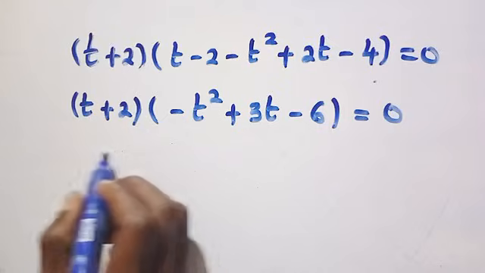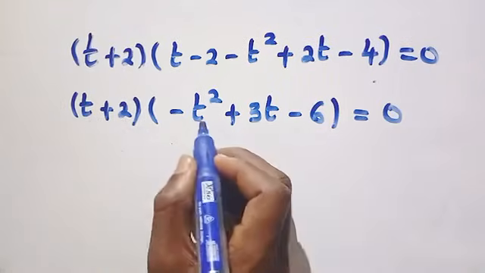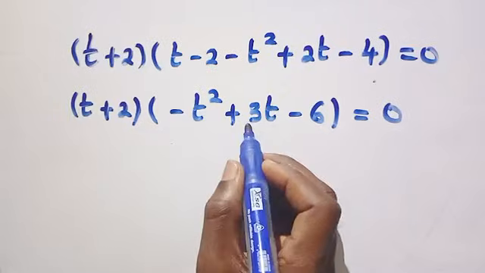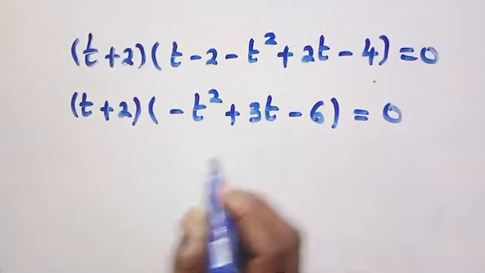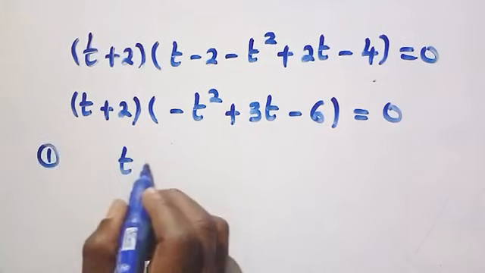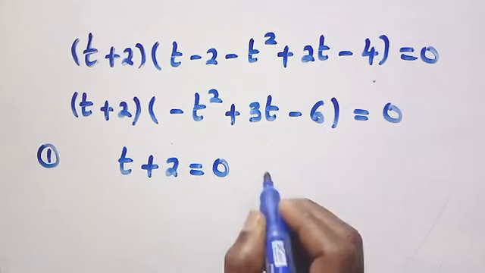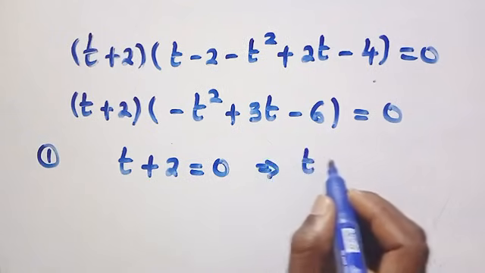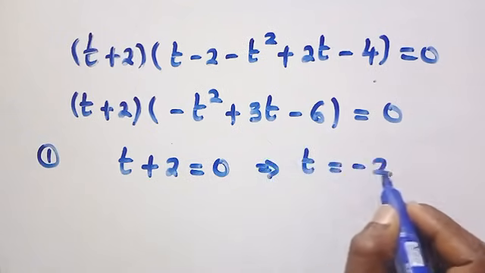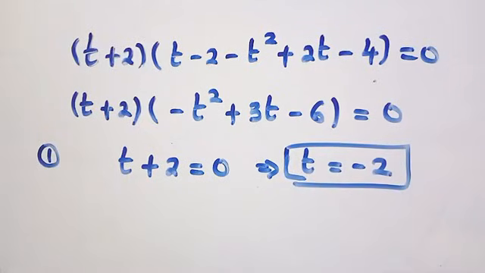So next we have to let t plus 2 equals 0, or minus t squared plus 3t minus 6 equals 0. So by letting the first one, we have t plus 2 equals 0, and this implies that t equals minus 2. Here is the first solution.